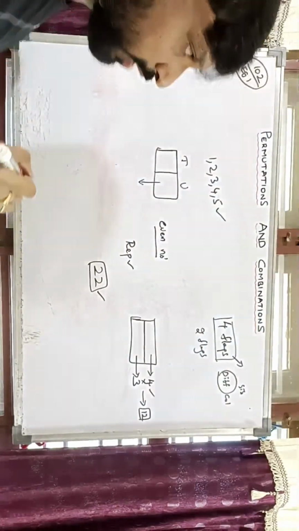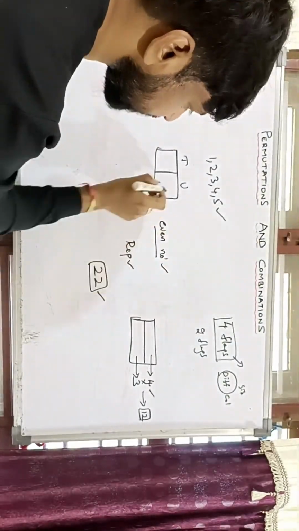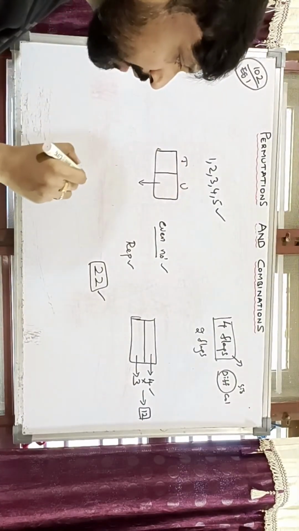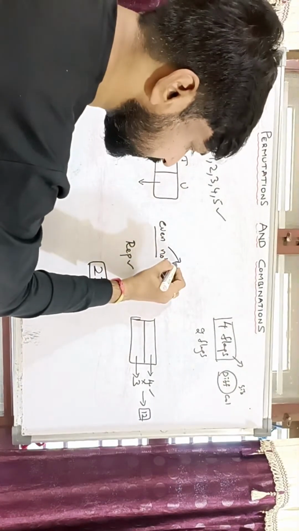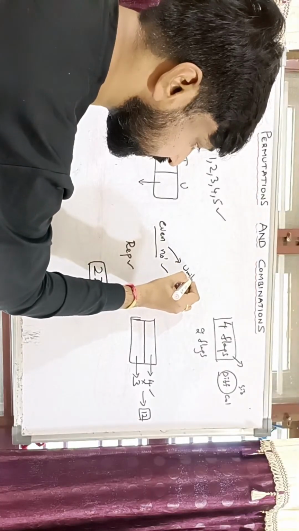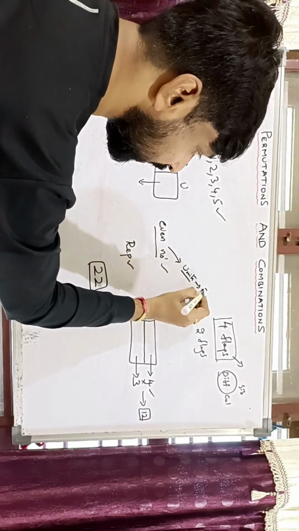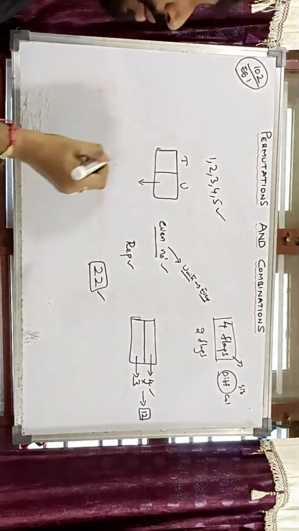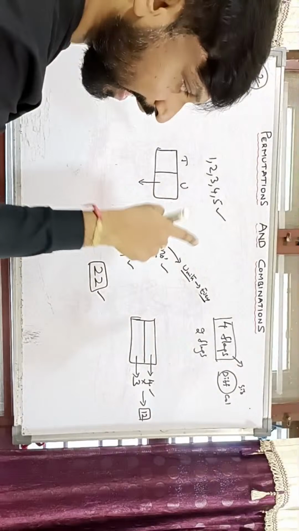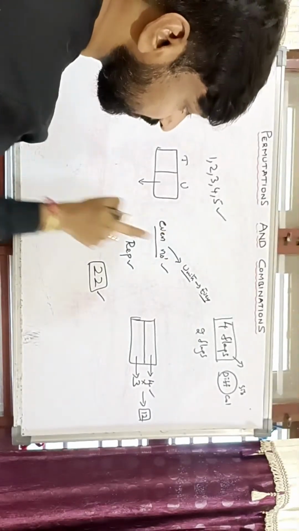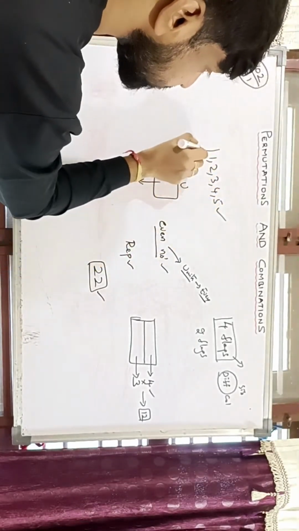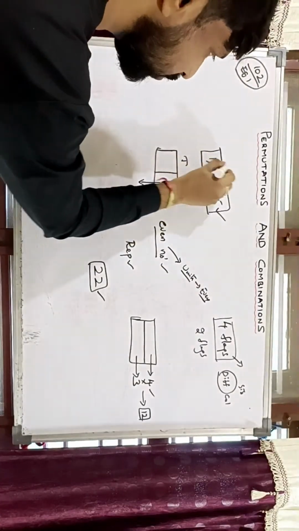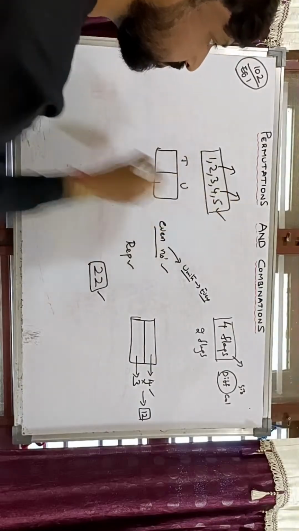That is most important. Whenever the even number case is asked, you must fill the units place first. A number is an even number when the units place is an even number. Of 1, 2, 3, 4, 5, how many even numbers are there? 2 is even, 4 is even.